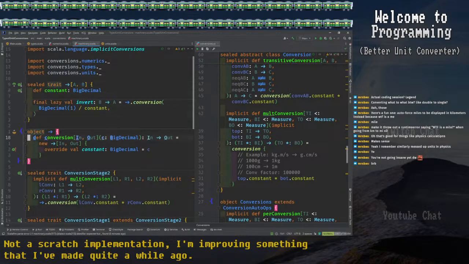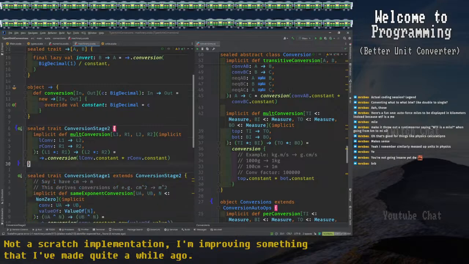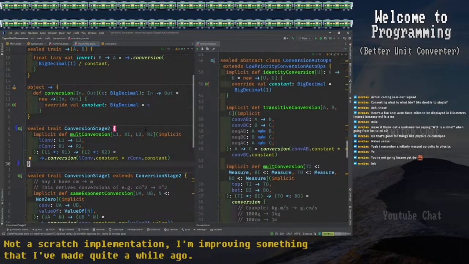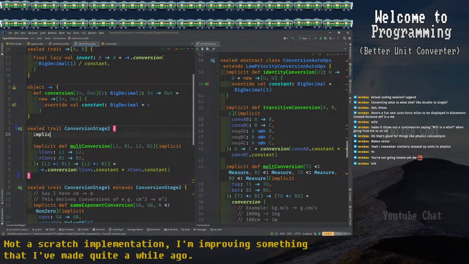Okay. So we have mult conversion. That's a simple one. And another simple one, that can probably live next to it, is transitive conversions.